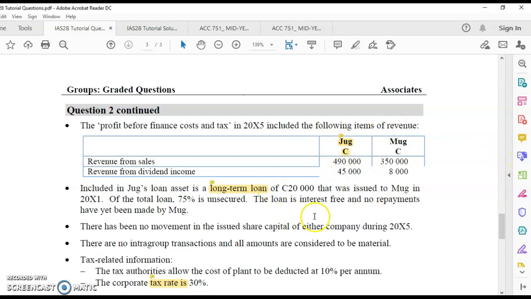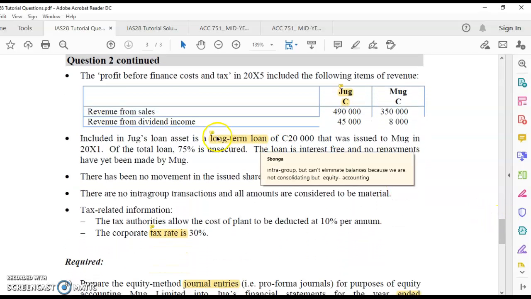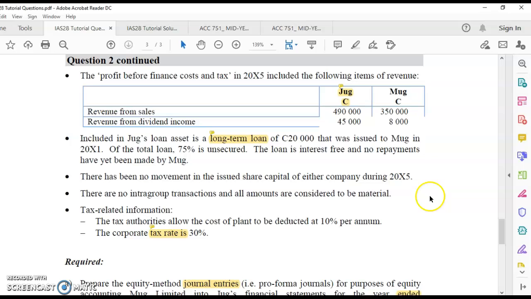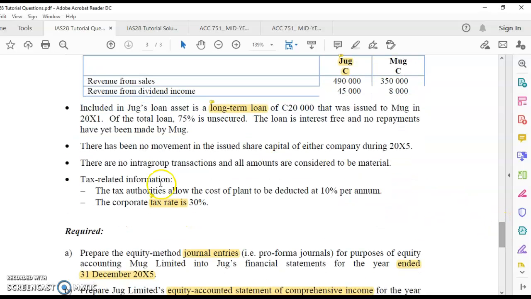You will also see when we are doing the solution. And then you're given that there was a long-term loan between the companies, but this is intragroup, and we don't eliminate it because you are not consolidating, but you are equity accounting, right? I hope you do understand why we won't eliminate that.